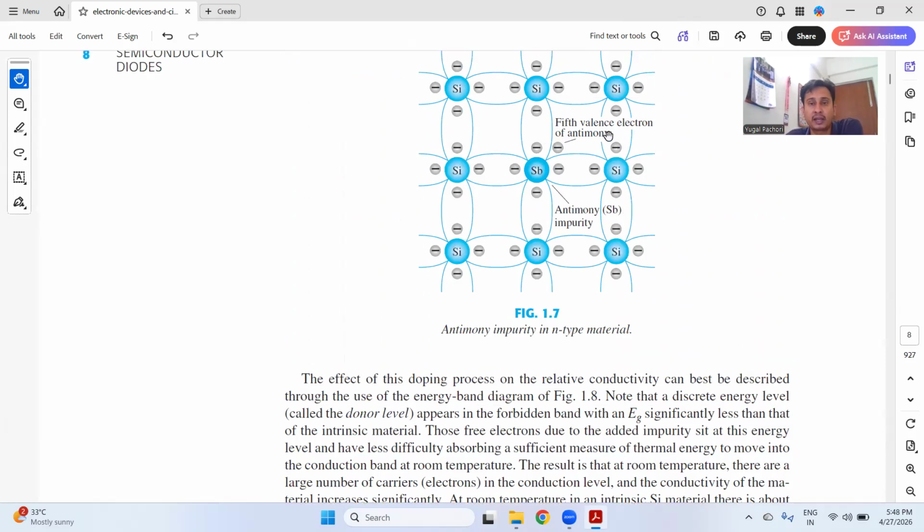So this is the diagram of the pentavalent impurity when it is added to the semiconductor, and you can understand that 4 valence electrons form bonds with the silicon. The 5th contributes to the majority charge carriers. So in N-type, the majority charge carriers are the electrons, and the minority charge carriers are the holes. Now understood, both these carriers contribute to the current in semiconductor devices.